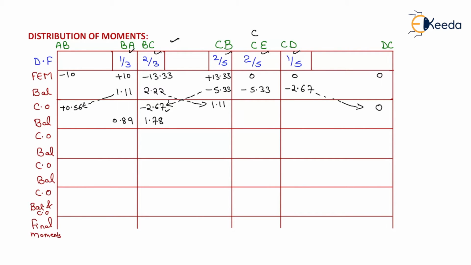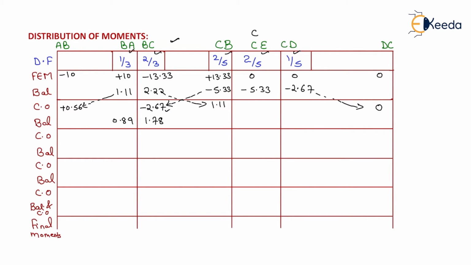Similarly at joint C there will be an unbalanced moment of 1.11, which needs to be balanced by an applied moment of minus 1.11. This minus 1.11 needs to be transmitted to the various spans, that is CB, CE and CD, according to their distribution factor.